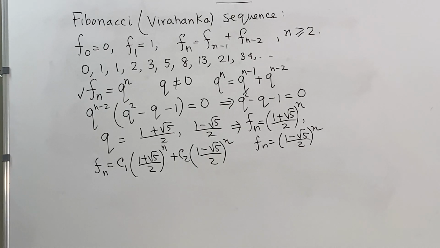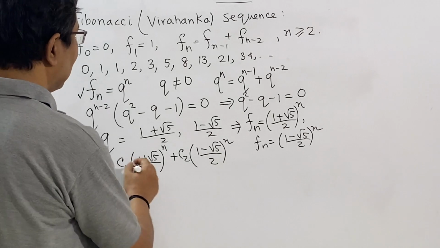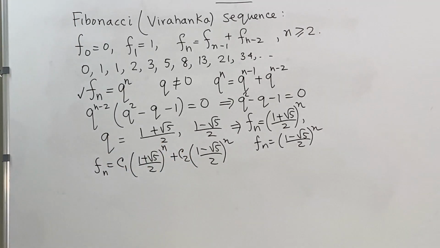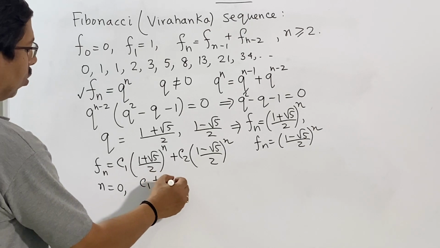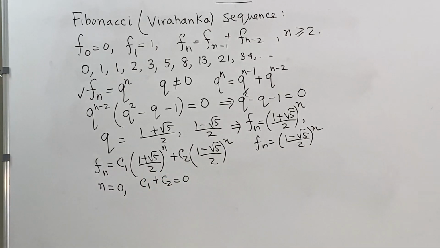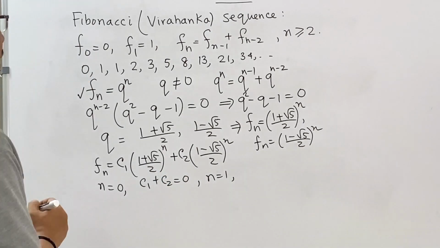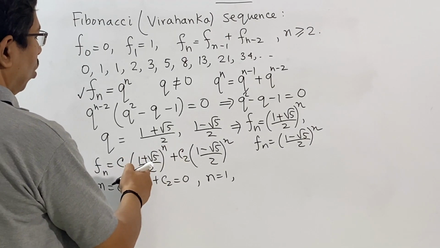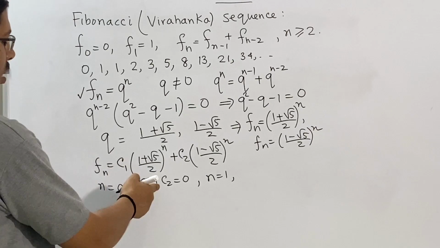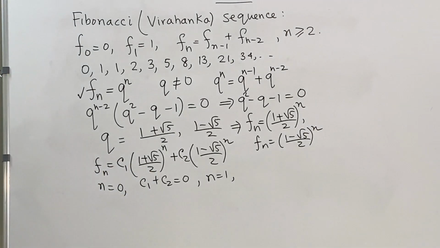Now we are given two starting conditions, f0 is 0 and f1 is 1. So that will help us in determining c1 and c2. When n is 0, we get c1 plus c2 is equal to 0. And when n is 1, then note that we have (c1 plus c2) by 2, which is 0 because of the previous condition.